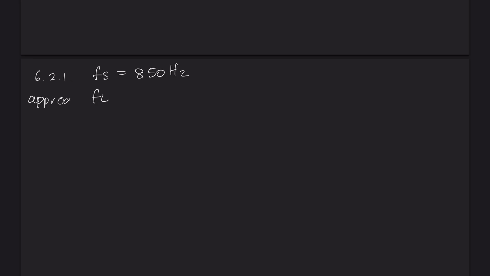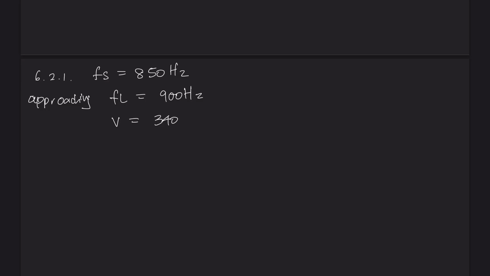You could use the moving away. Let me just neaten this up. The frequency that's heard is 900 Hz. They also tell us that V is 340. And that's all we need.